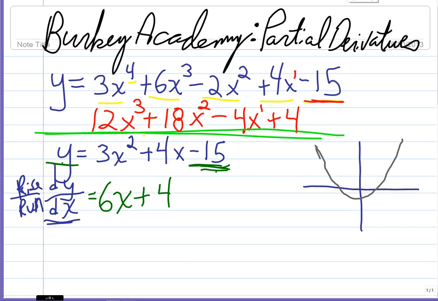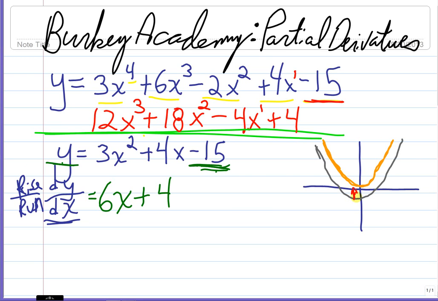So if this number 15 wasn't even there, then the parabola would look something like this. I did a pretty poor job doing that, but what I was trying to do here is just shift this parabola up by 15.